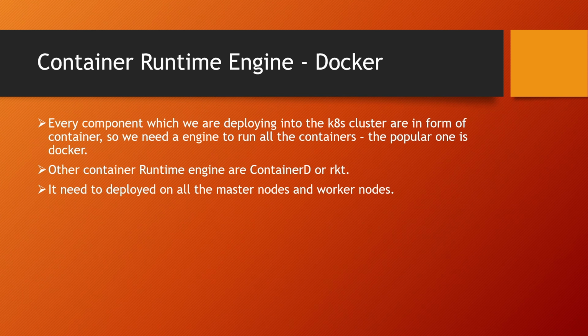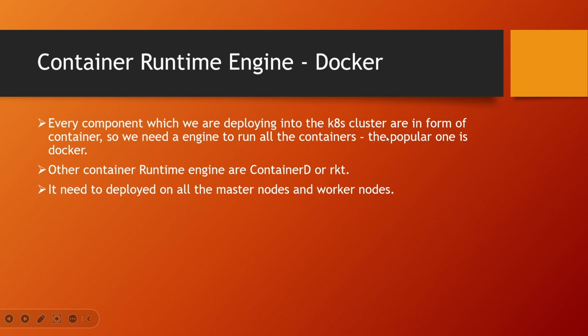Okay. Now let's talk about the next thing, that is the container runtime engine. To deploy any application in the form of a container, you need a container runtime engine. Formerly we were using Docker, or containerd, whatever container runtime engine you are using, you have to use one of them to deploy your applications in the form of containers.